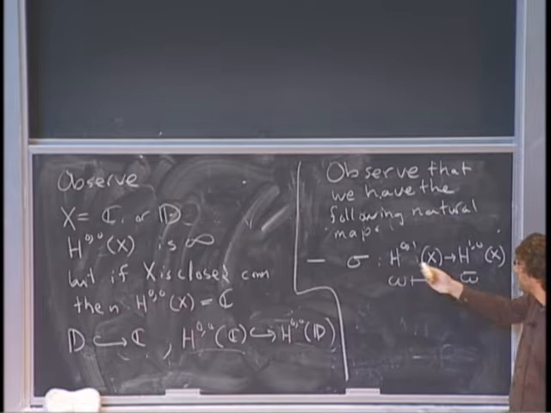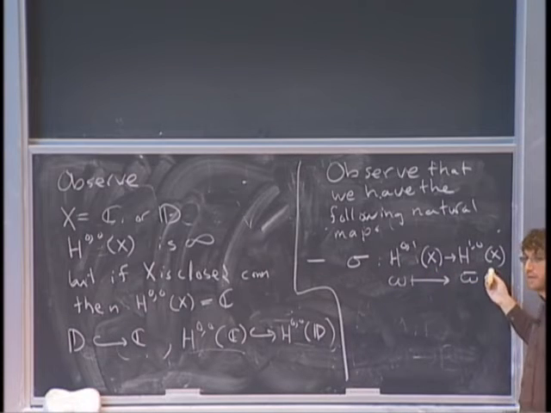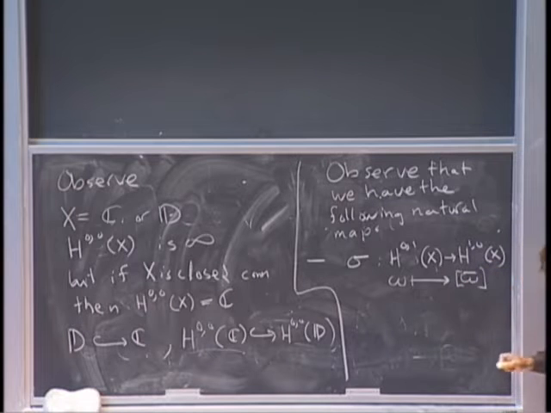Remember, this would take, in local coordinates, say dz to dz bar, and then the point is this is an equivalence class, so we have to take its class inside of here.